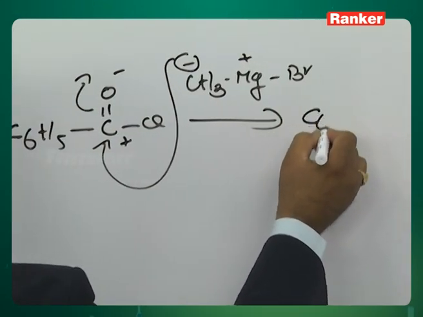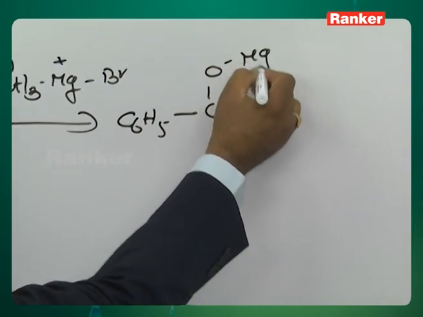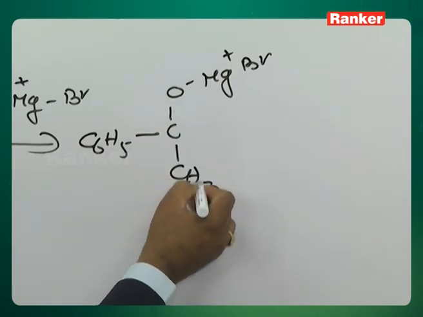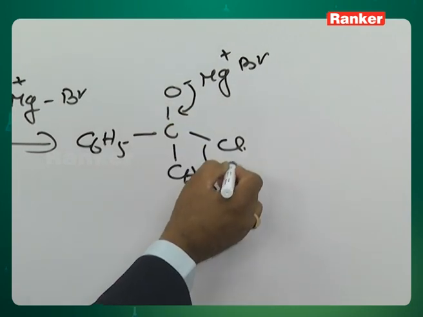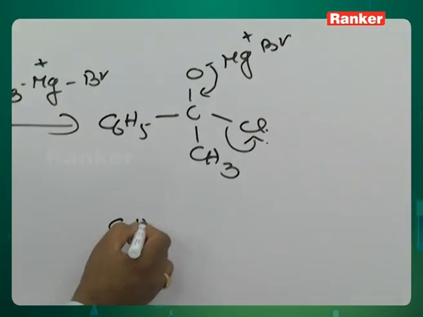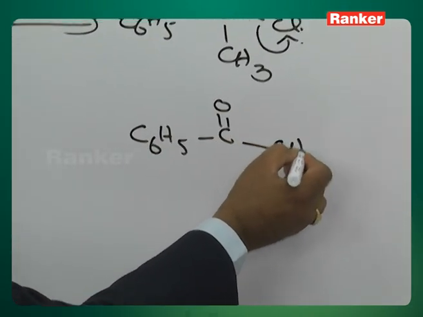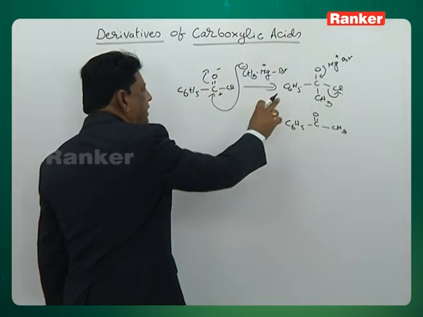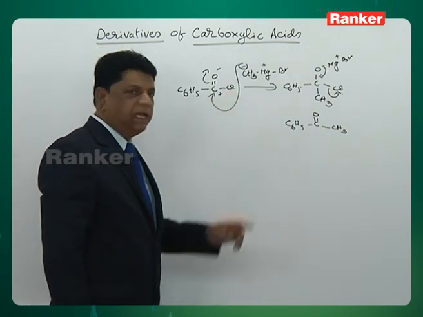So, you will get C6H5. When O minus comes back, the Cl will be replaced. Actually, it is a nucleophilic addition, but the Cl is replaced. Therefore, finally, it looks like the Cl is gone and a methyl has come.